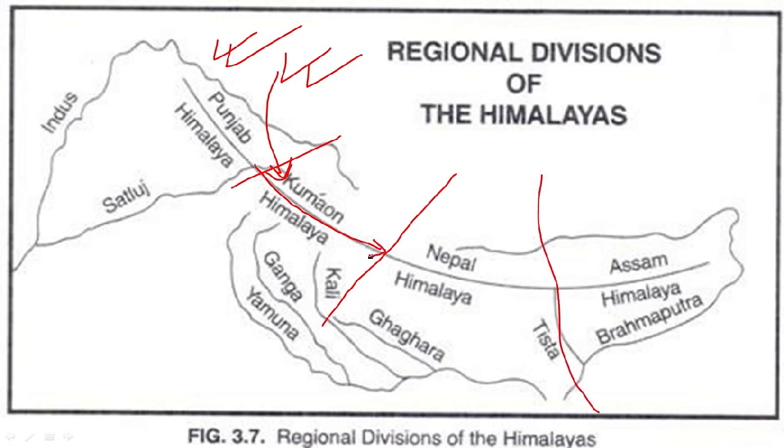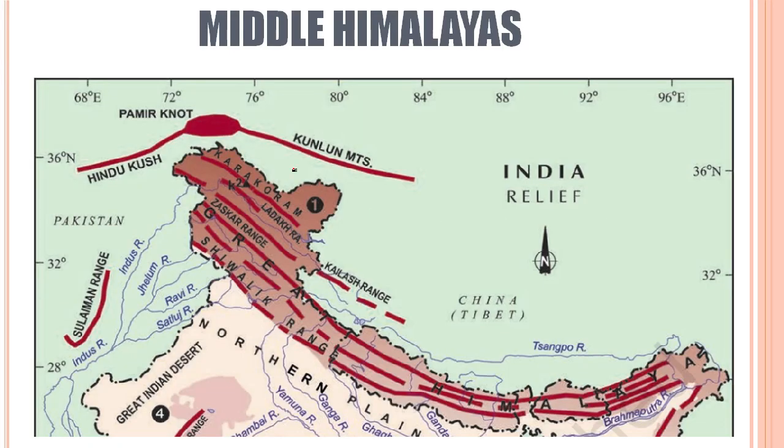When we move further southeastwards we come to the Nepal Himalayas and then the Purvanchal Himalayas in Assam further east. Again, in the map provided in your book, we see region number 1 to be the region of the greater Himalayas, and as we descend southwards we come here and find the middle Himalayas. Okay.